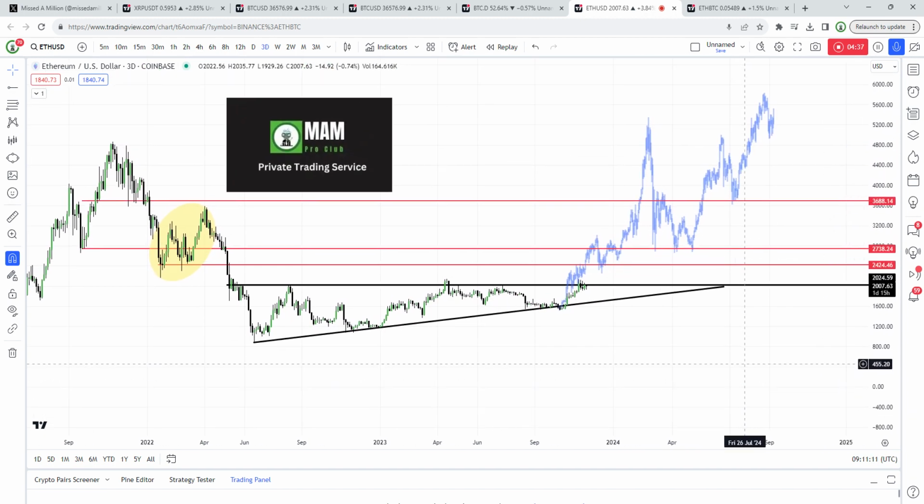I do think that once we get up here, we're going to have a correction. But from probably May onwards into 2024, this is when altcoins are really going to go for it. This is when we're going to see most new all-time highs. Probably things like XRP would pump from around this area here, late July, and that's when we're going to see the most euphoria in the market.